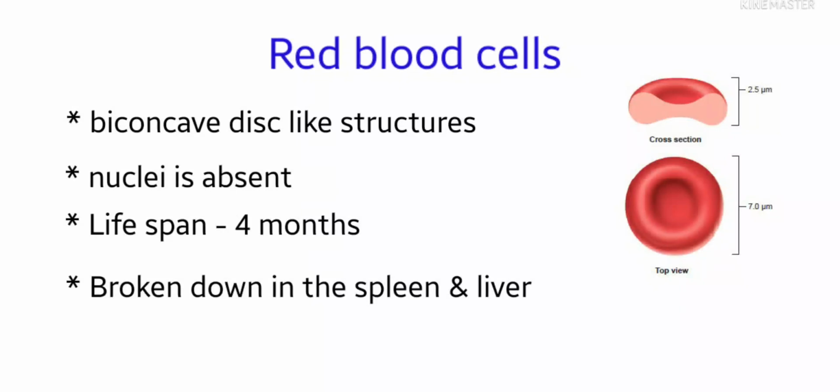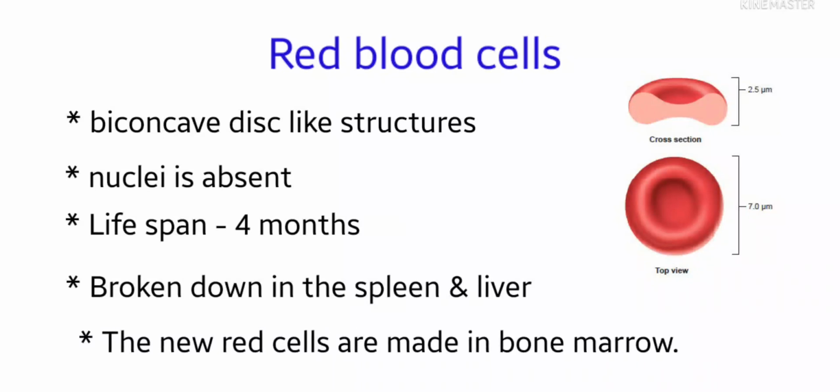The new red cells are made in the bone marrow, particularly at the end of the long arm and leg bones, in the ribs and in the vertebrae. More than 2 million red cells are destroyed and replaced every second in the human body.